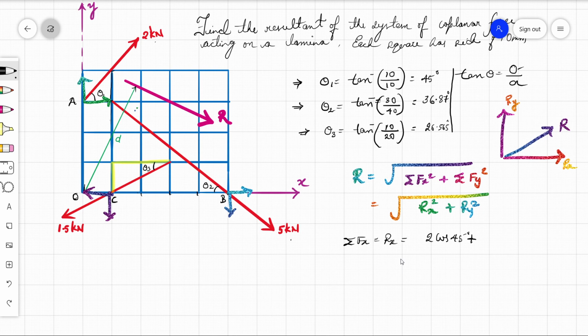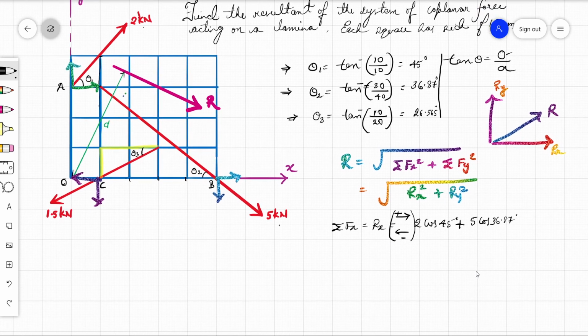So that is plus 5 cos 36.87 degree. And next, all the force which is going in this direction, we take as positive, and which is going in the other direction, we take as negative, as we have taken in the beam. The same thing.